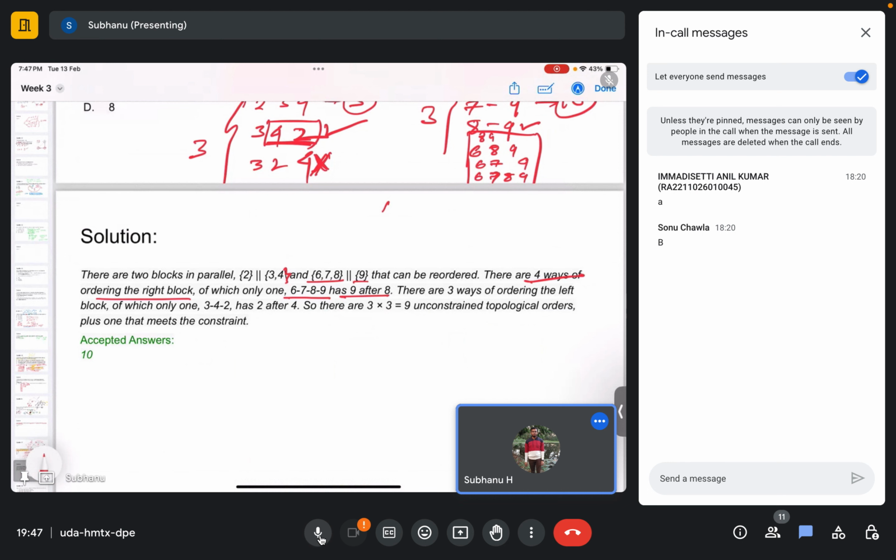Now there are 3 ways of ordering the left block, of which only 1, 3 4 2, has 2 after 4. So there are 3 possibilities for the constrained topological orders, so these are the 9 possibilities for constrained topological order. And 1 for unconstrained.